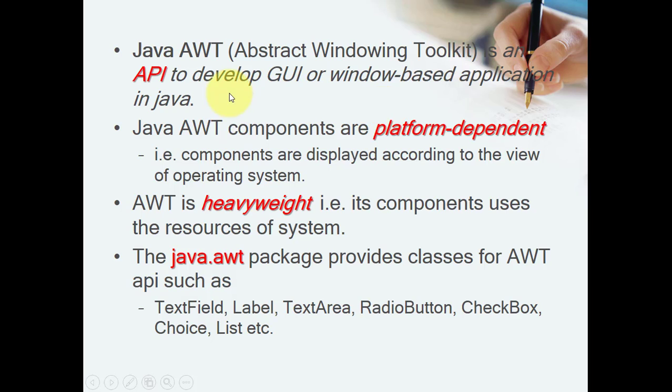So now look at Java AWT. What is AWT? It is an abstract windowing toolkit, an API to develop a graphical user interface. It's a GUI, so graphical user interface, or you can say it's a window based application in Java. So window based application, or you can say it's a desktop level application, means the application which is dependent on the machine.